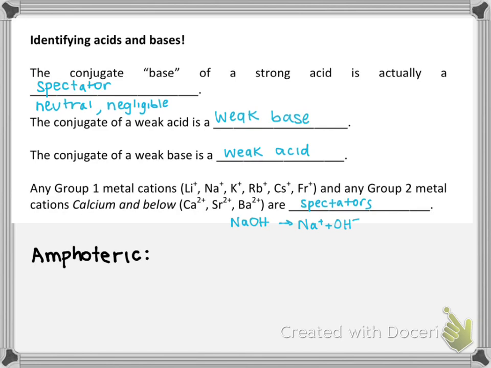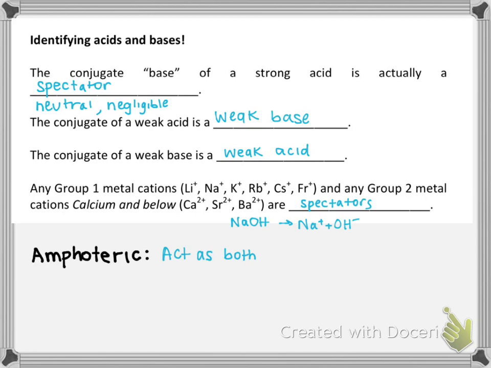So some things can be acidic or basic. So it can act as both an acid or base. We call these amphoteric. So the prefix amph means both. So you can think like amphibian.